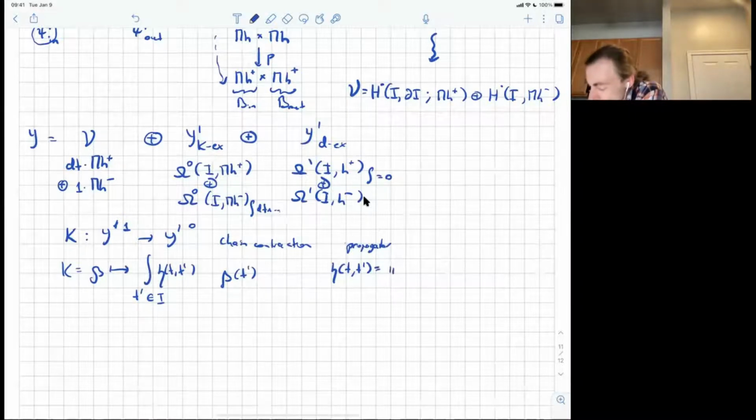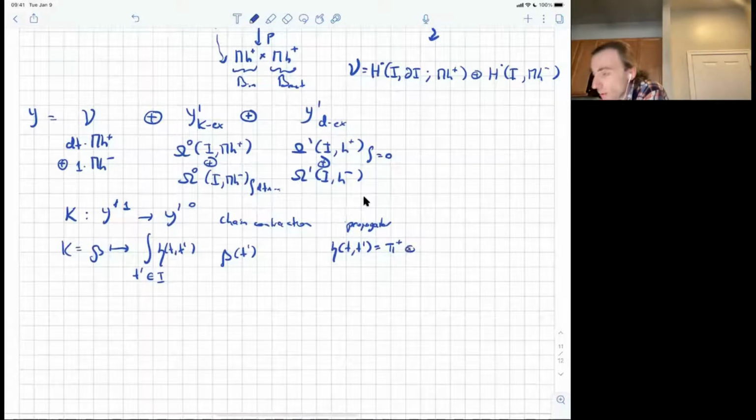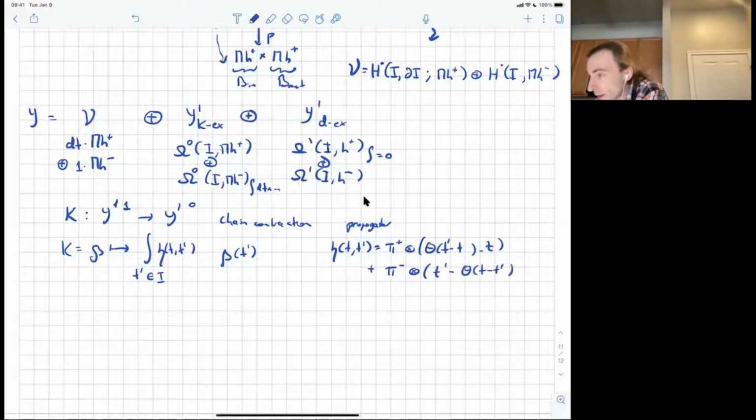So it is the projection to the plus component of H times the following function: the step function of T prime minus T, plus pi minus times a similar expression, T prime minus theta of T minus T prime. Did I mess it up? No, let's see, might have messed it up.